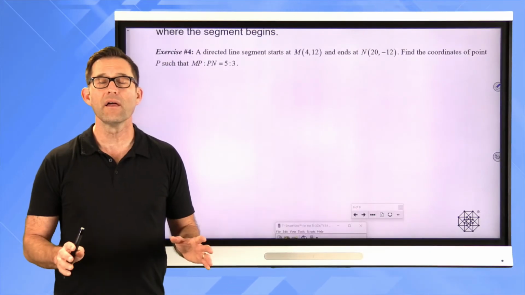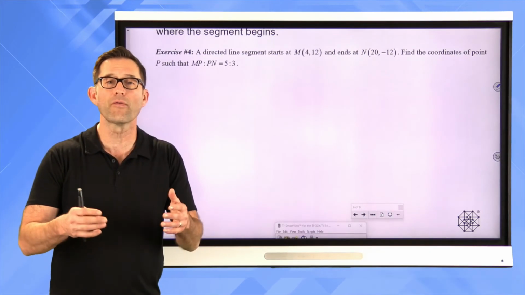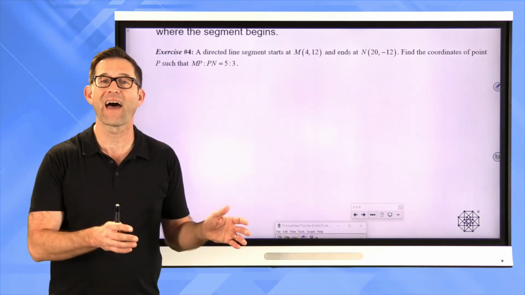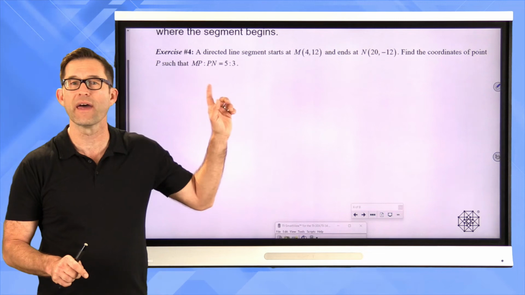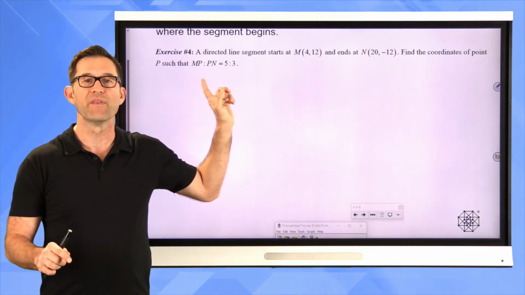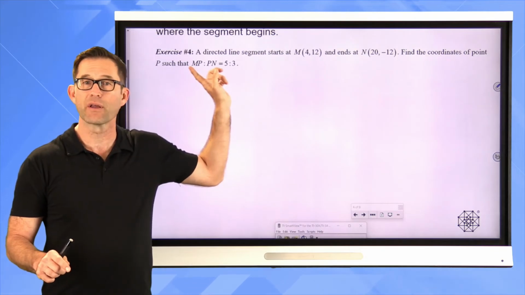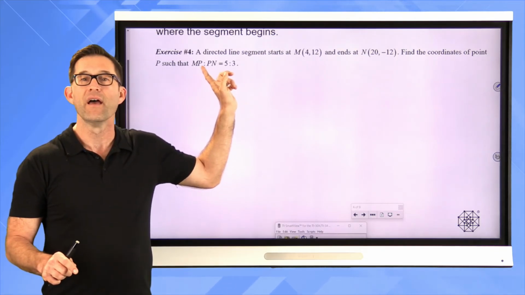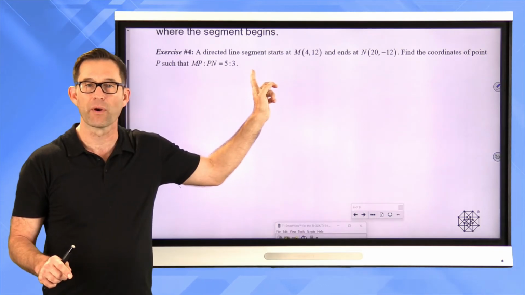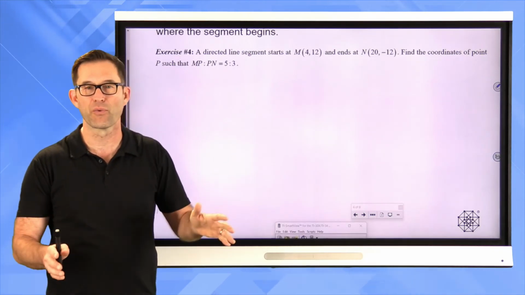Well, again, I love to first think about what is the fraction of the total that I need to add on to my starting coordinates? Well, again, imagine that we take this line segment and we break it up so that the distance from M to P, the starting point to the partition point, compared to the distance from the partition point to the ending point is 5 to 3, right? 5 parts to 3 parts.